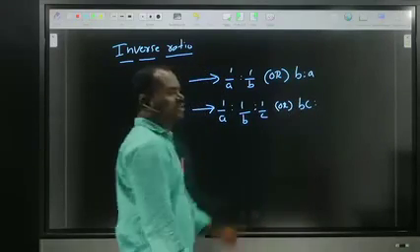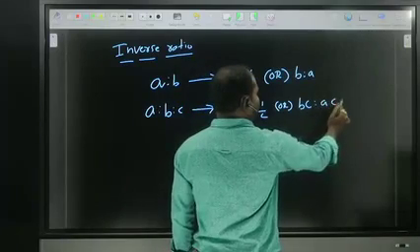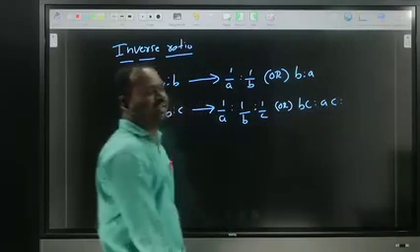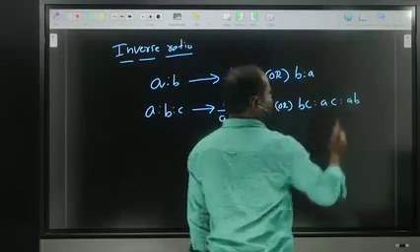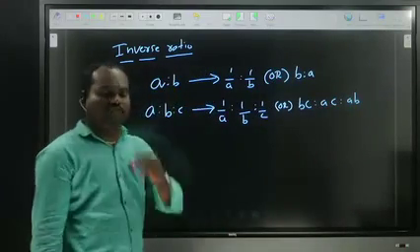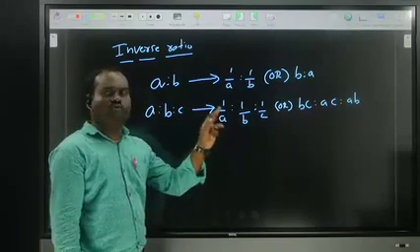Next B, we should not write B, remaining AC. When C, we should not write C, remaining AB. Whatever is there, we should not write, we should write the remaining. 1 by A is to 1 by B is to 1 by C, or BC is to AC is to AB.